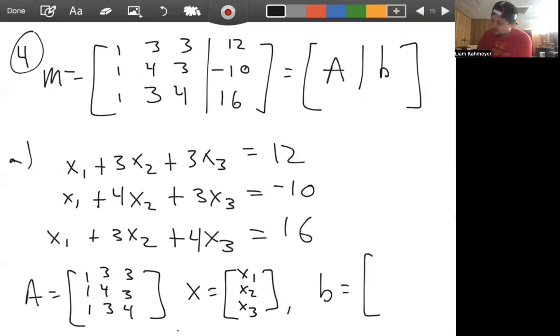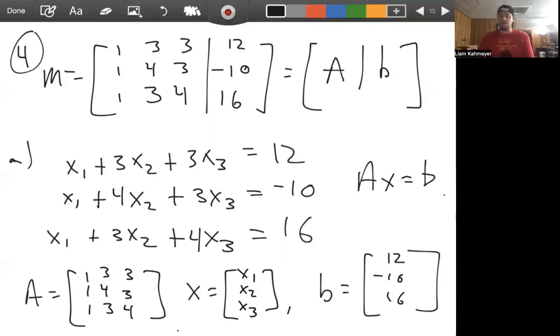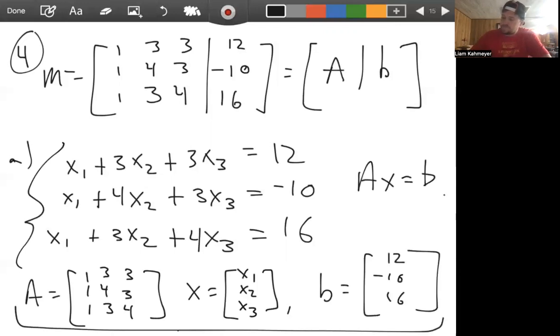And then B would be the vector 12, negative 10, 16 for AX equals B. I've described this system as an augmented matrix, written explicitly in terms of equations and as matrices here.